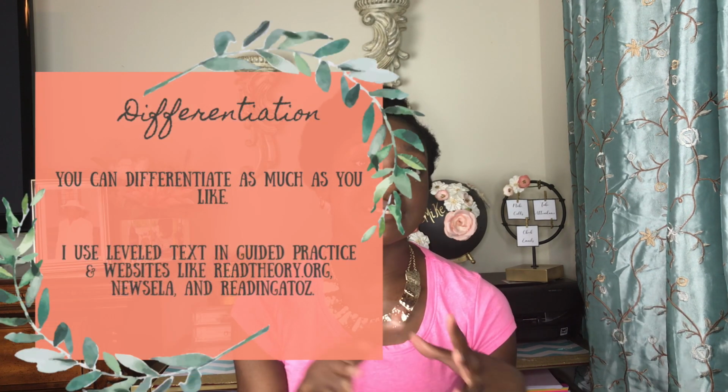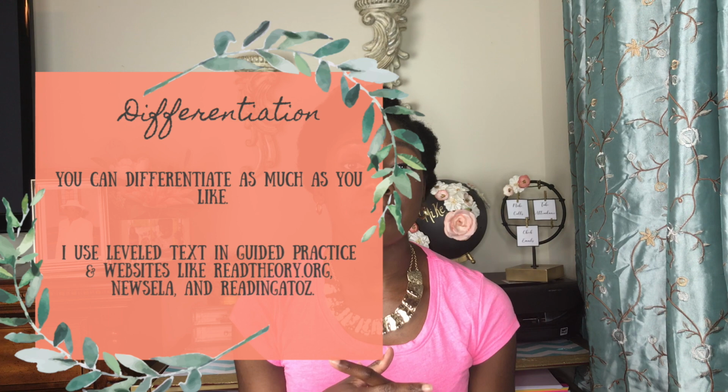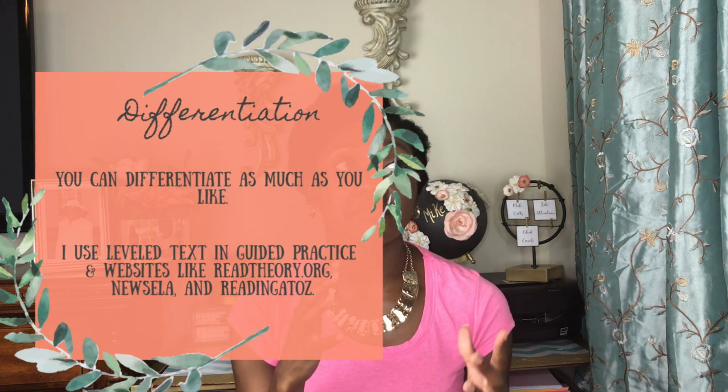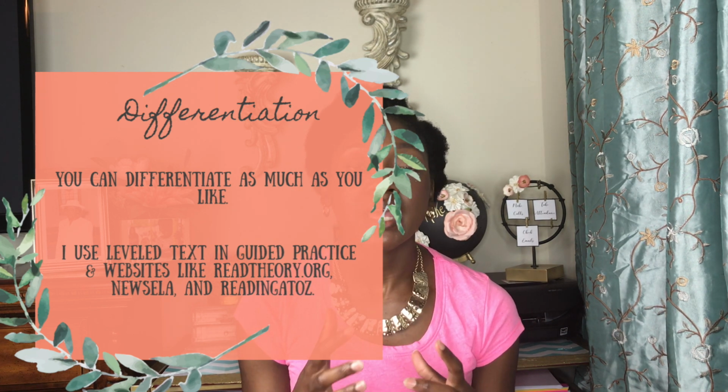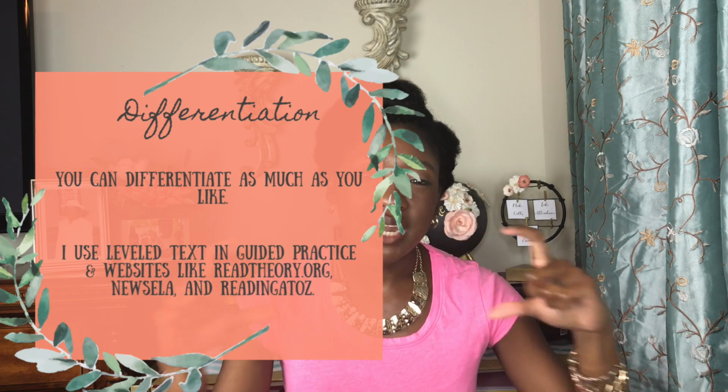Everybody's work plan is not the same, so the way that I do that is with the guided practice piece. A lot of times that text is going to be matching their ability level. Last year I chose 3 texts, one that was below reading level, on reading level, and above.